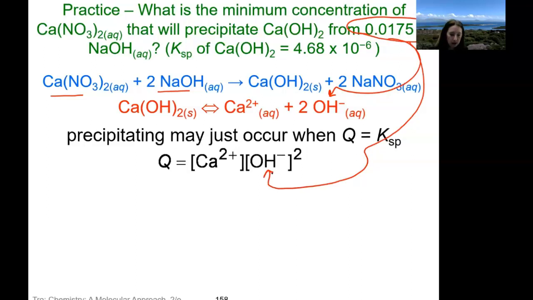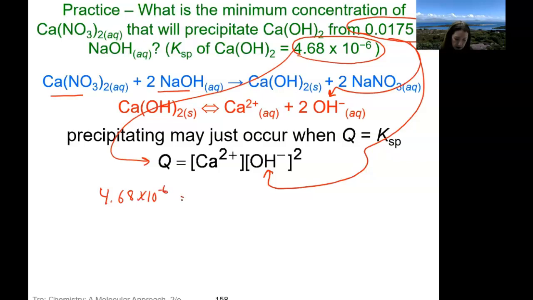And remember, Q equals K. Our Q is just going to be 4.68 times 10 to the negative 6 equals, we don't know what Ca is, times 0.0175 squared. And then we just solve for our calcium.